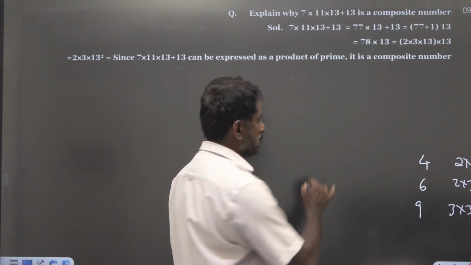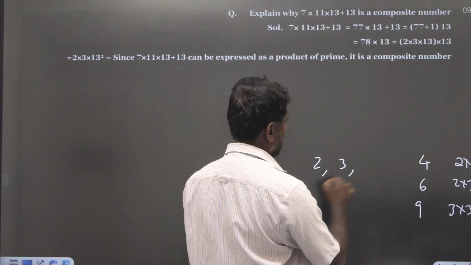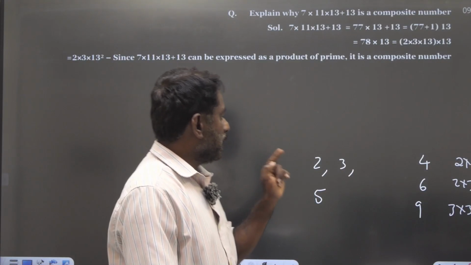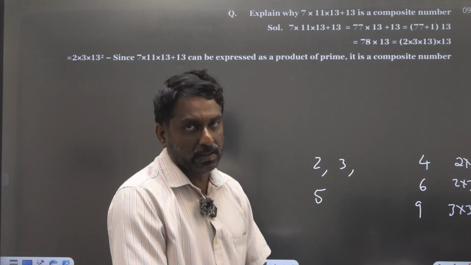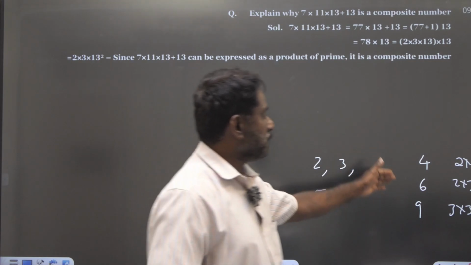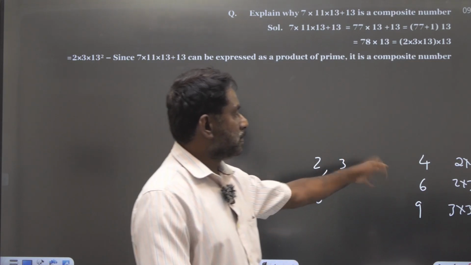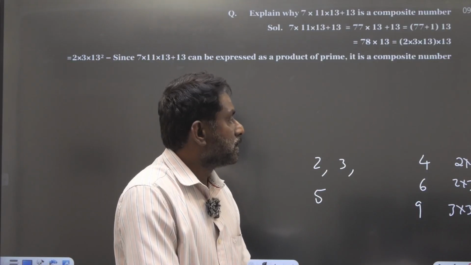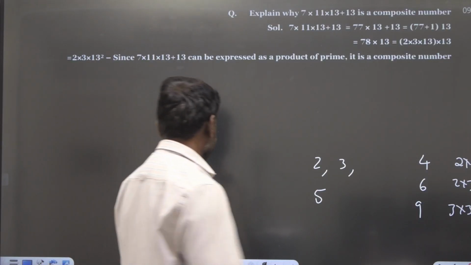Prime numbers: 2 is a prime number, 3 is a prime number, 5 is a prime number. For a prime number, 1 and the number itself are the only factors. But for a composite number, many other factors arise. They are called composite numbers.